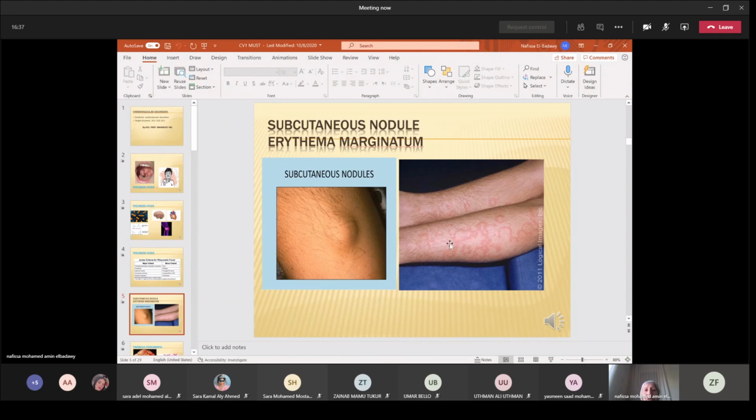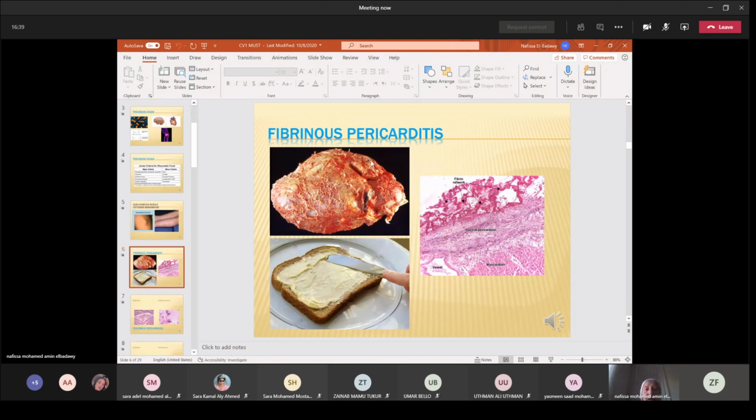Now we start with the heart affection. And the heart affection, as we said, affects all layers of the heart: pericardium, endocardium, and myocardium. We start with the pericardium.